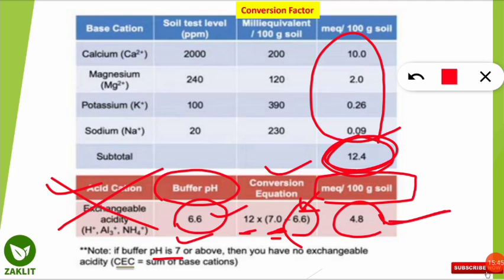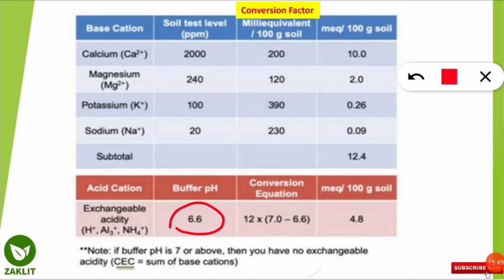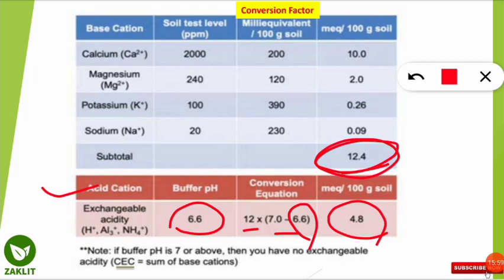But if the buffer pH is less than 7, as here in this case we have taken 6.6, then we have to calculate the acidic cation, that is 4.8 here, coming from the formula 12 into 7 minus the buffer pH taken. In that case we have to add this 12.4, that is the base cation exchange capacity, to the acid cation exchange capacity.